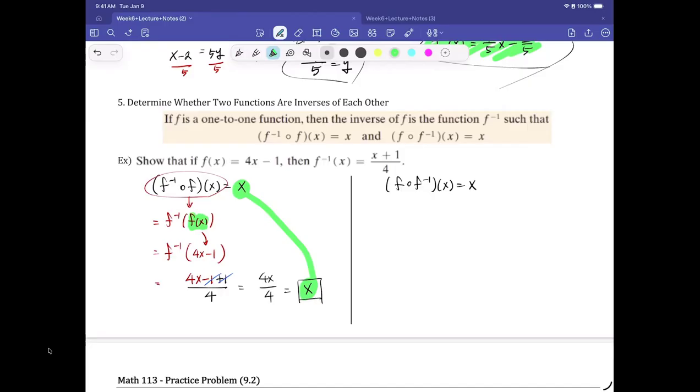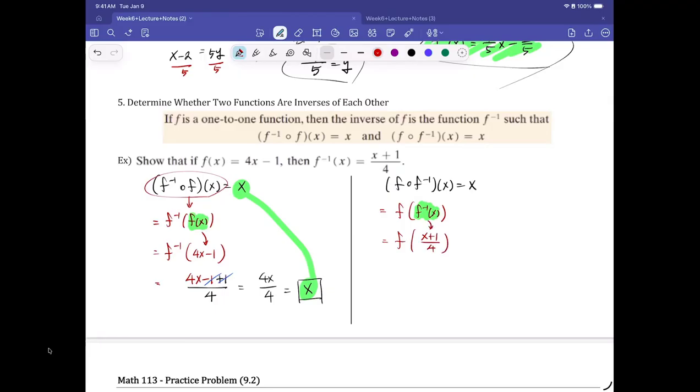The next one is f of the f inverse of x. So the f inverse of x, this one, is x plus 1 over 4.